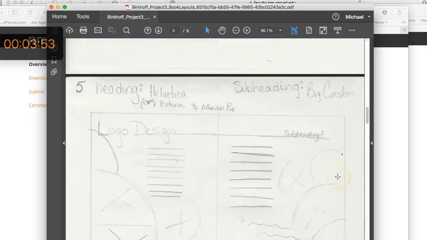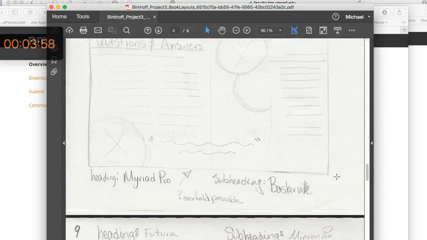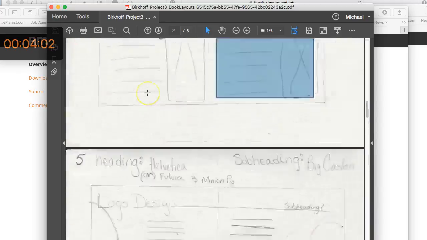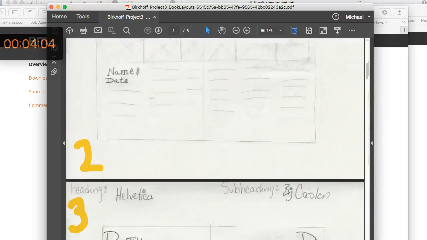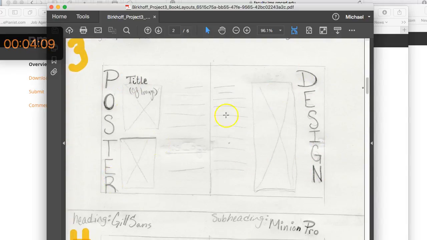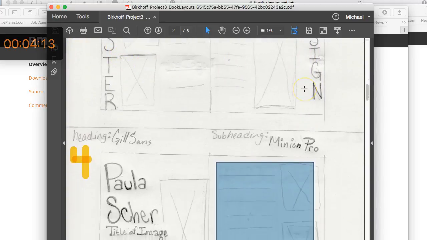Other than that, I think you're doing really well on your sketches. You're good at showing intent. I think some are more detailed than others. Oh, this one right here, I would not recommend stacking type. It never works well.